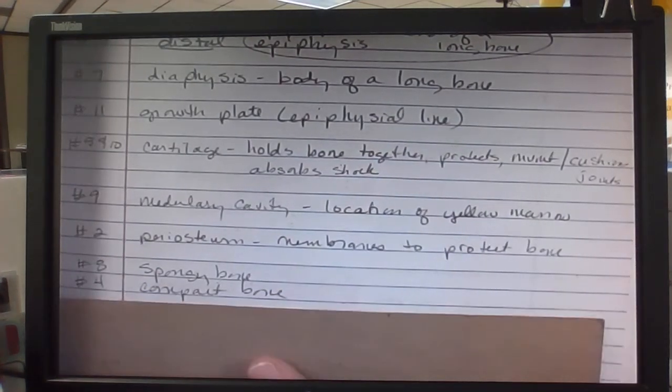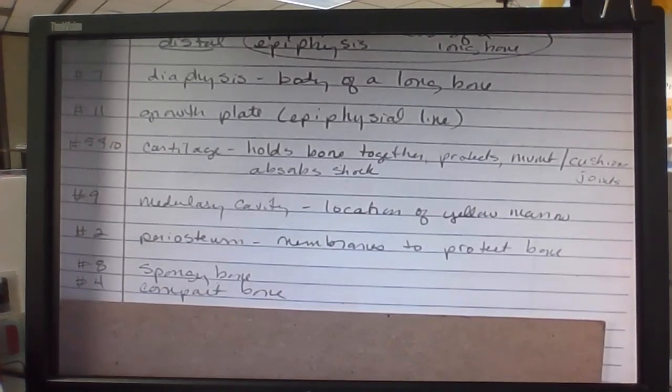Number 8 and number 4. So number 8, spongy bone, number 4, compact bone, and we actually go into that in a little bit more depth.